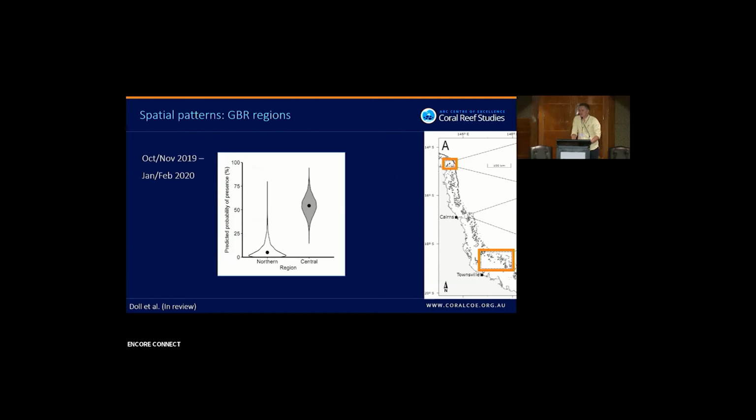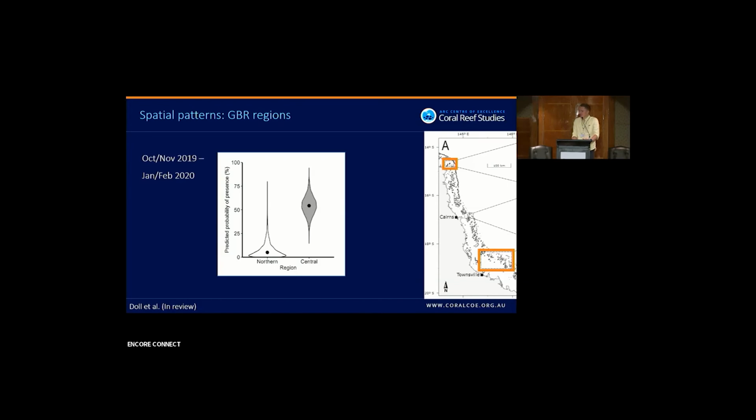On a larger spatial scale, substantial latitudinal variation in settlement was observed. Our model predicted collectors on reefs located in the central GBR to be more than 10 times as likely to record settlement compared to the northern section near Lizard Island.